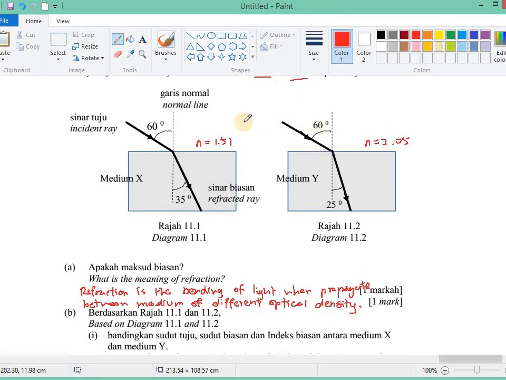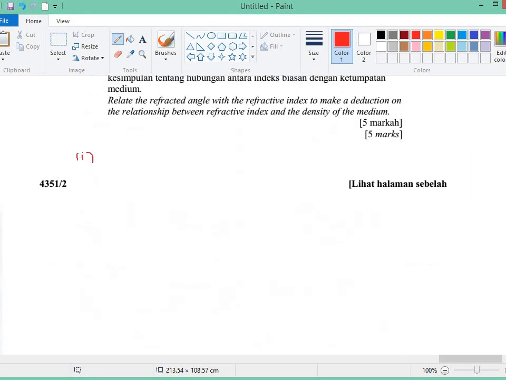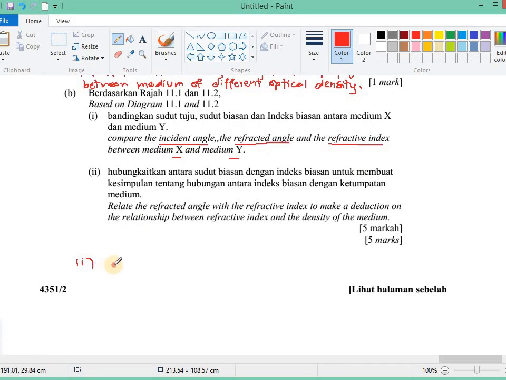Both are the same. So you must state what you are comparing: the incident angle of X is the same as Y.